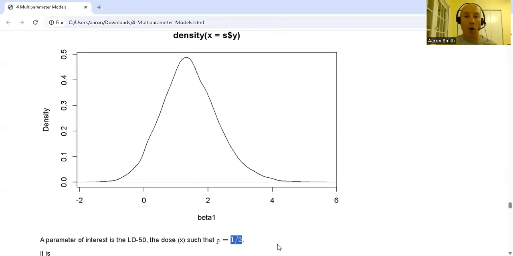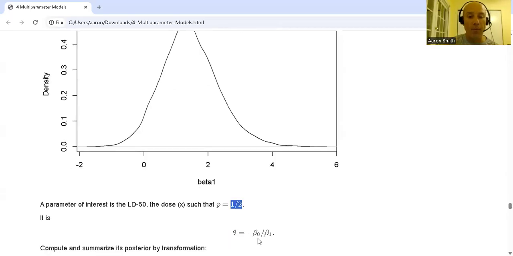That's one. Log of one is zero. So I need to figure out where beta zero plus beta one x equals zero, and solve it for x. That is going to be the negative intercept divided by the slope. Boom, that's my estimate of LD50.